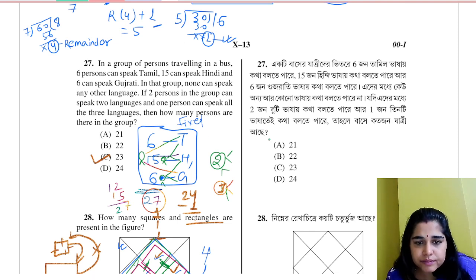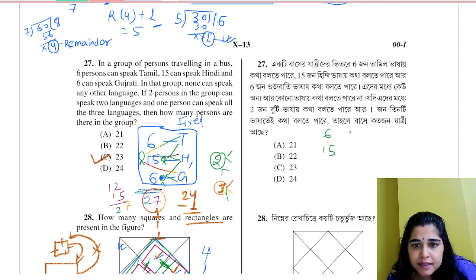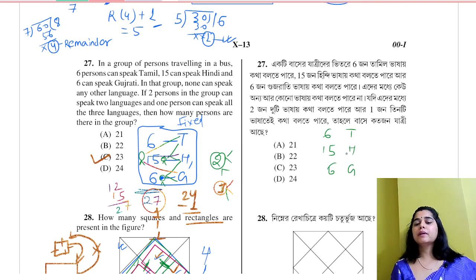So here is what: 15, six people are working, and 15 are speaking Tamil, 15 are saying Hindi, and 6 are saying Gujarati. But two people inside there, suppose you are saying Tamil and Hindi, I am saying Hindi and Tamil.